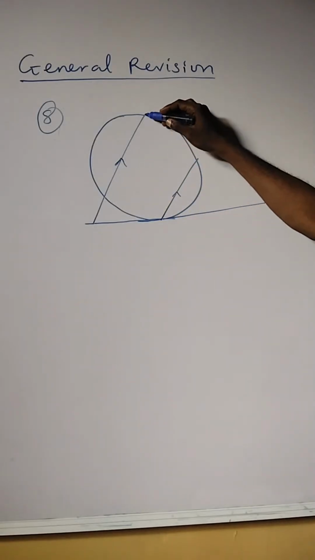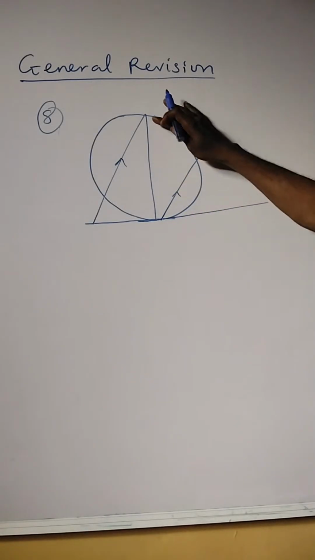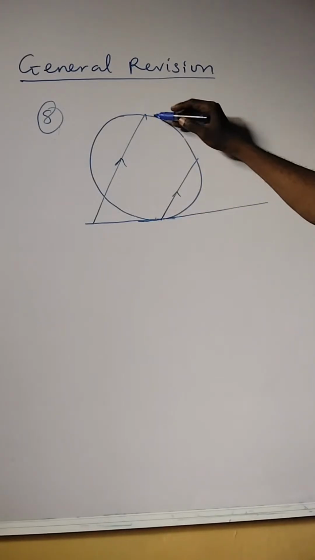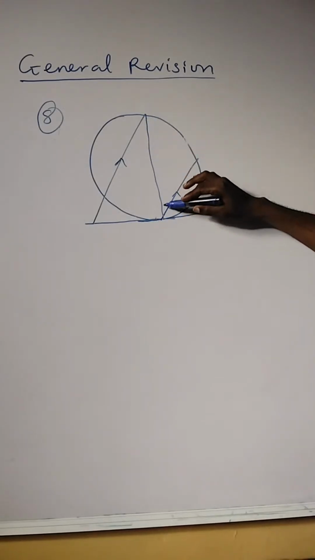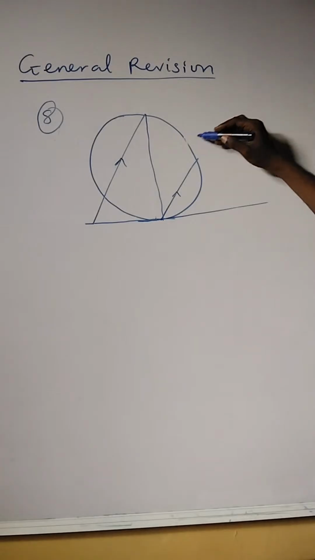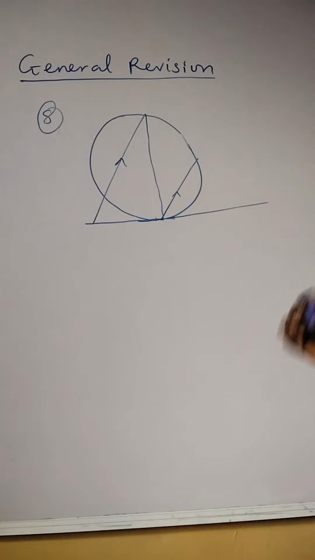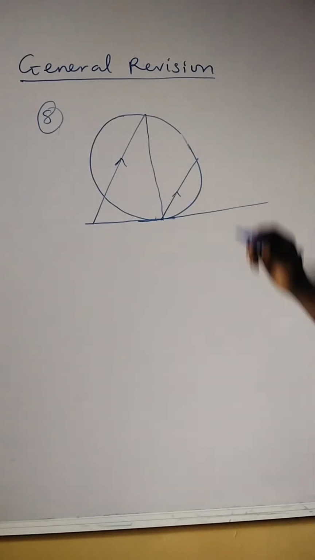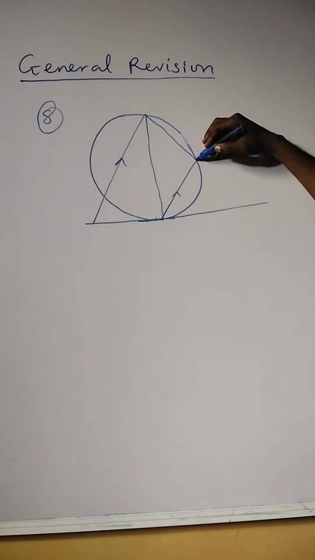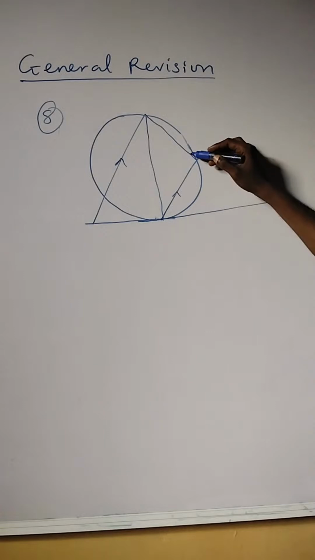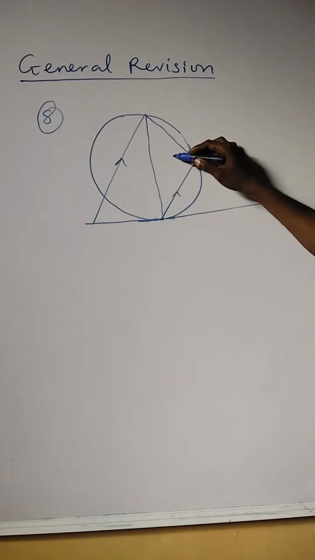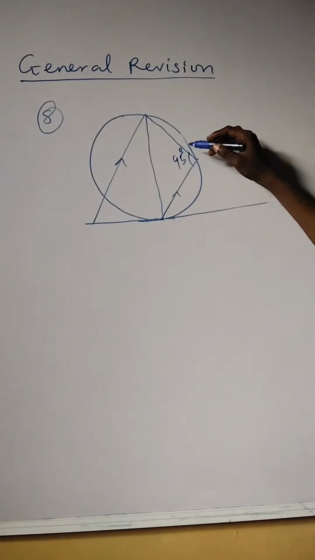Here we have this line joining this one, it joins this line here. Also we have another chord here joining this one. And here we have this angle as 95 degrees.